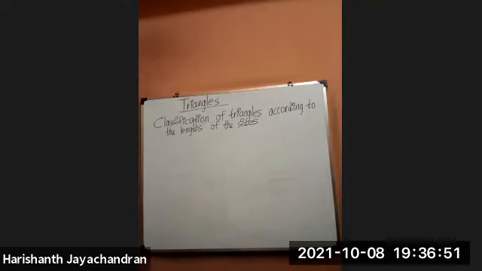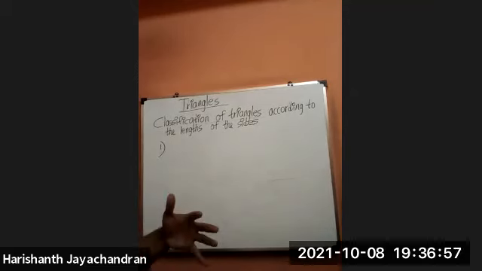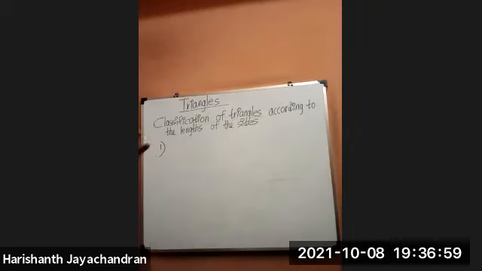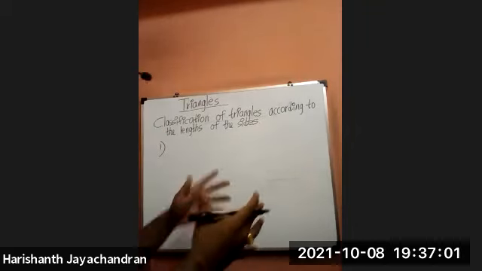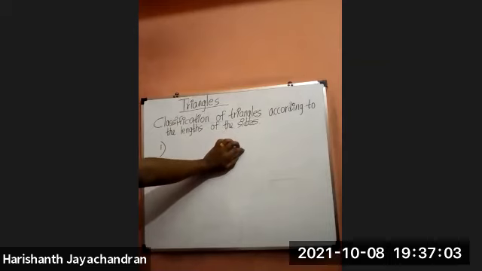There are actually 3 types of triangles that we could say, which are classified based on the length of their sides. So what can we say? Any guesses?